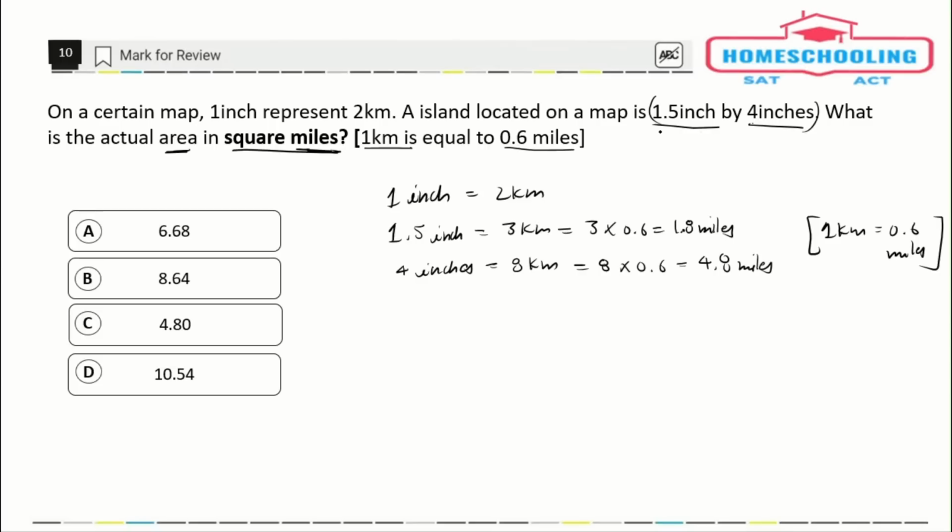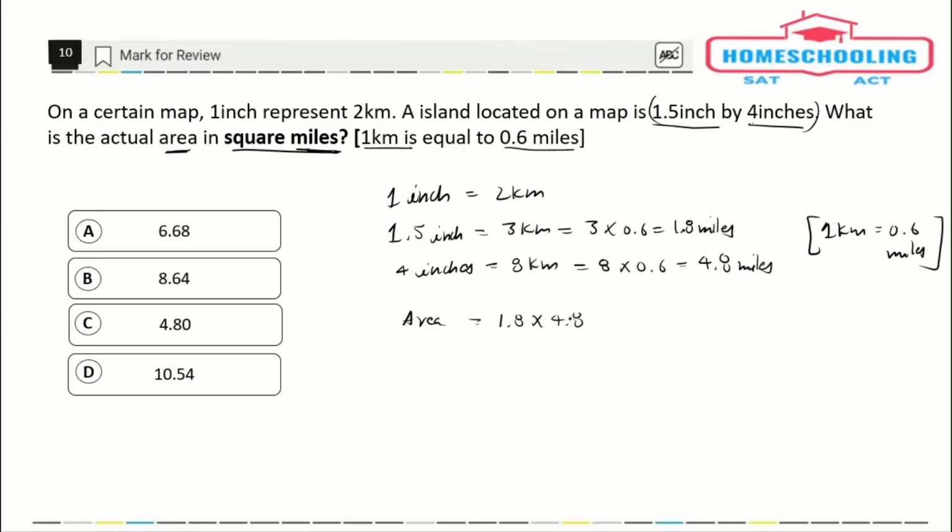So now from this, we can find the area. Because we have to find the area in miles, we'll multiply them. So this one would be 1.8 into 4.8 miles.